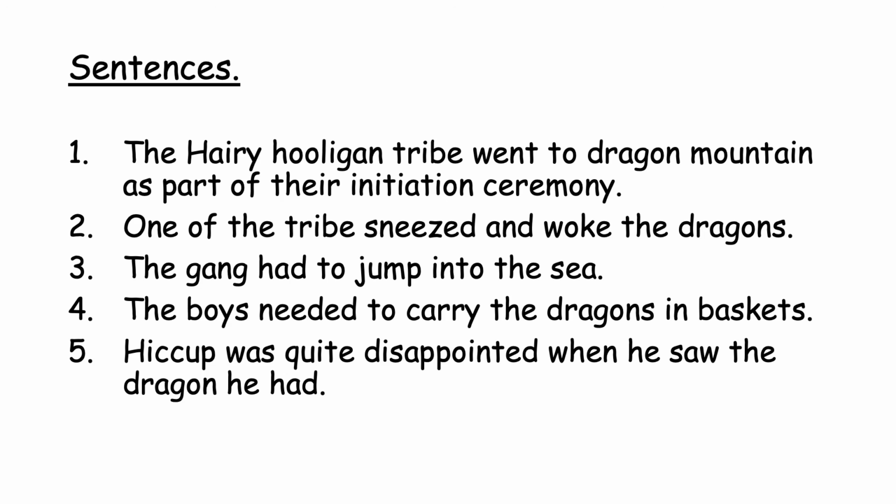Hairy hooligan tribe is the name of the tribe, so it is a noun. Went is the verb. To, it's going to somewhere, so it is a preposition. Dragon Mountain is the name of the mountain, so it is a noun.